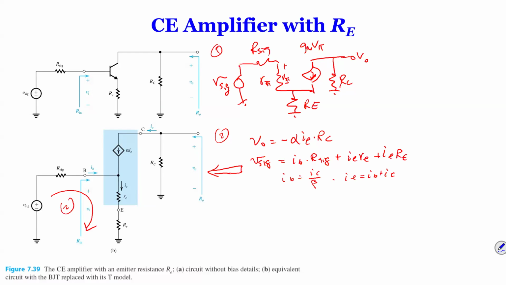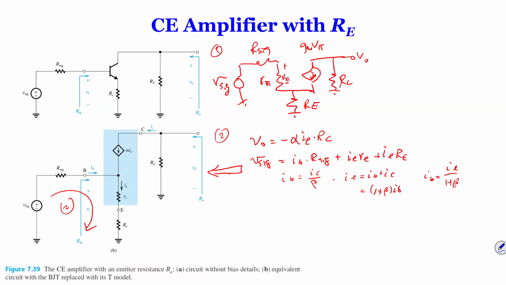Then you replace IC, so this is 1 plus beta times IB. So you have IB equal to IE over 1 plus beta.